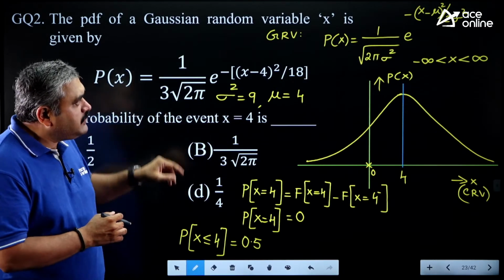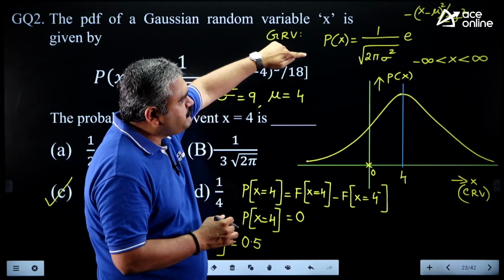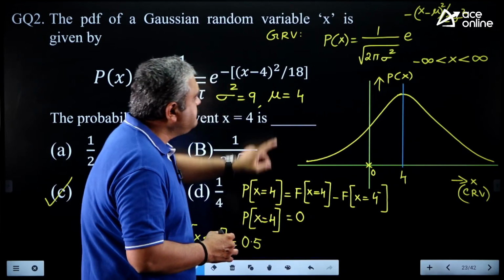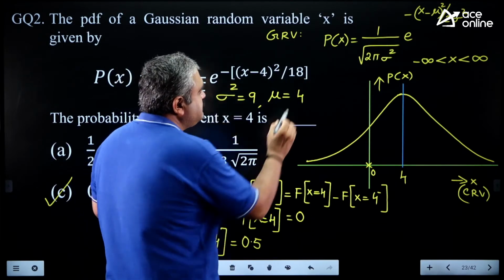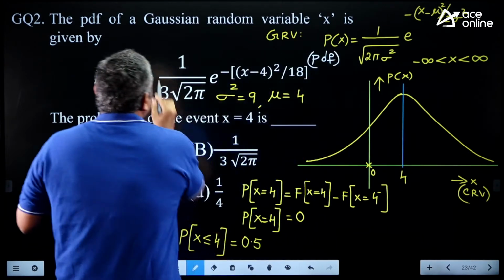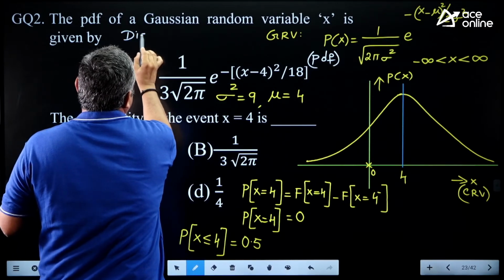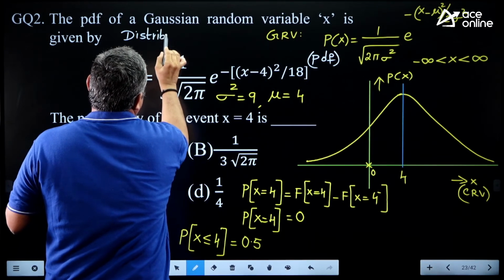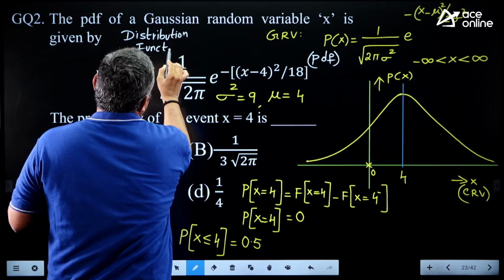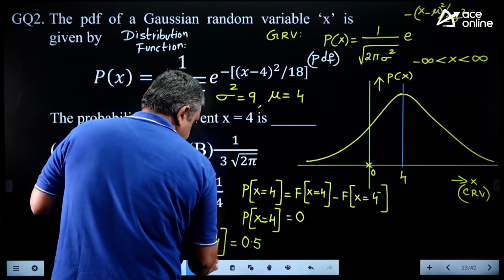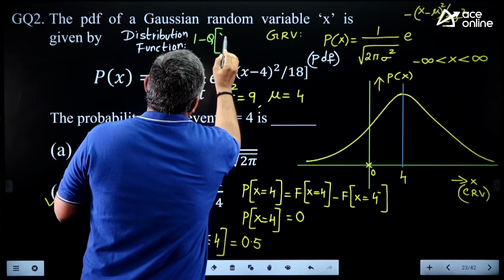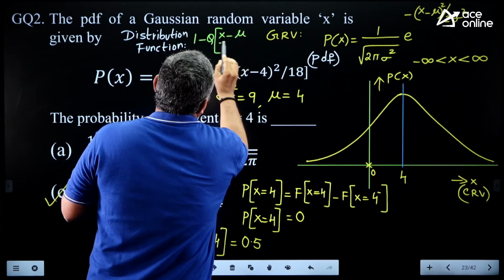Finish. Now, whenever you come across the density function, you remember its distribution function also. Means p of x is its density function, probability density function. For this type, the distribution function for Gaussian random variables is 1 minus Q of (x minus mu) by sigma.